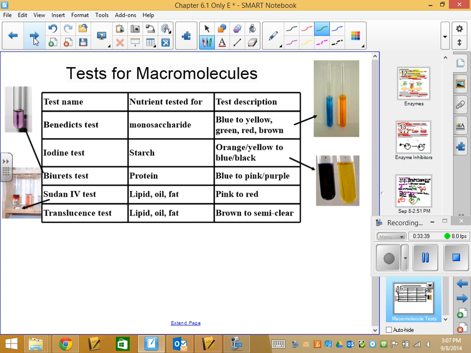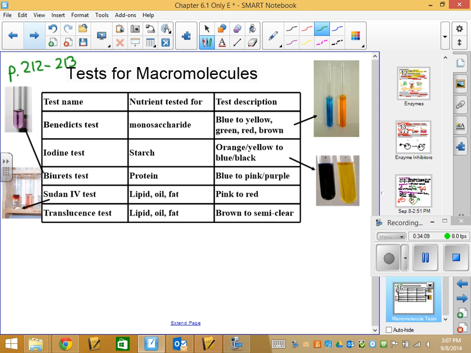So our last thing is tests for macromolecules. I made a little chart here. It'd probably be a good idea for you to make this same chart. Now on page 212 and 213 of your textbook, a lab is described where the goal is for you to discover this yourself.